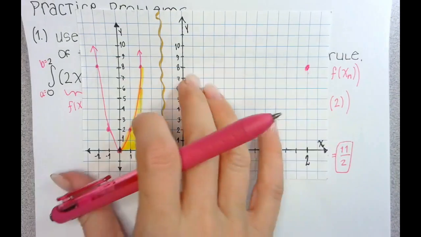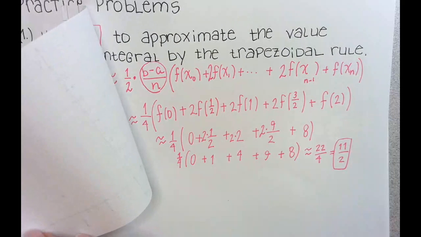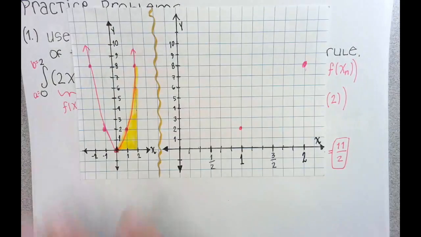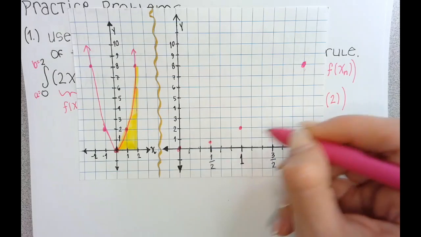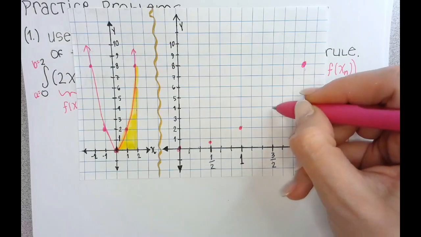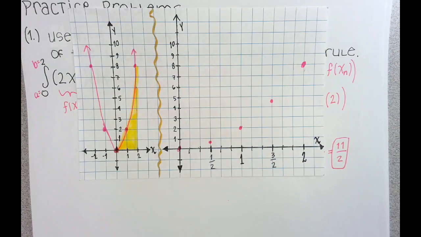Now while I'm at it, since I did mess up a few seconds ago, where is this? I had the 1/2 in there, I had a 2, and I had 9 halves. So, okay, here's the 0, here is the 1/2, the 2, next is going to be the 9 halves, so 4.5, and there's the 8.